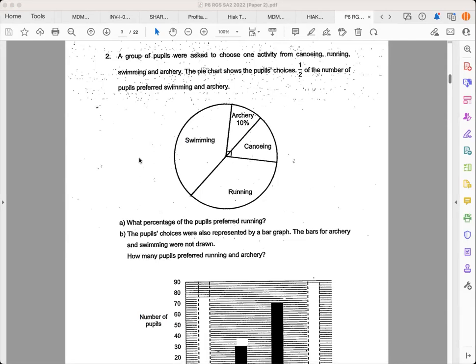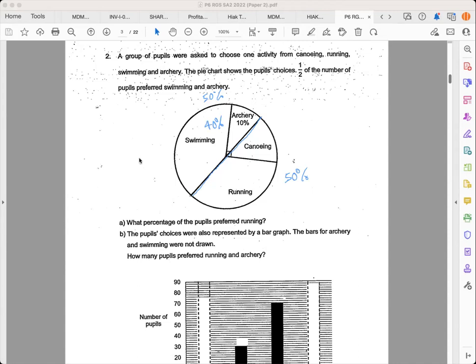So we can see from the diagram, this line divides the circle, or the pie chart, into half. So I can say this half is 50%, the other half is 50%. Everything adds up to 100%. If this half is 50%, it will mean that 50% minus 10%, swimming is 40%.